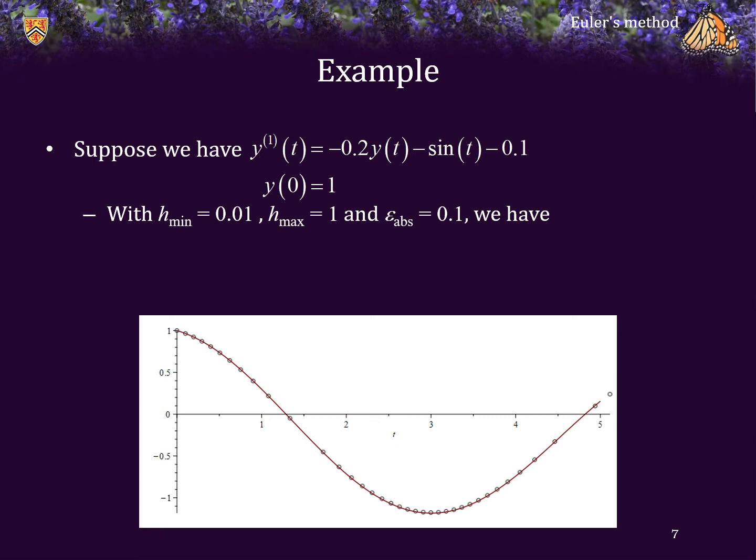That is because if the solution is flat, then we can follow the slope for a significant distance while still maintaining accuracy. Whereas if the solution is changing rapidly, we need smaller step sizes so that following the slope actually gives us still a reasonable approximation.